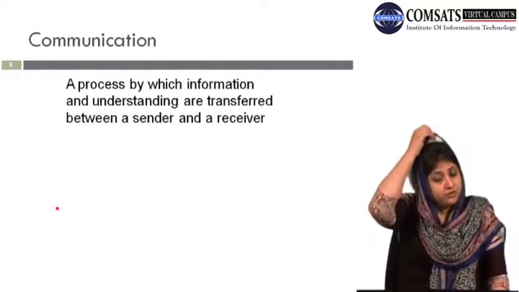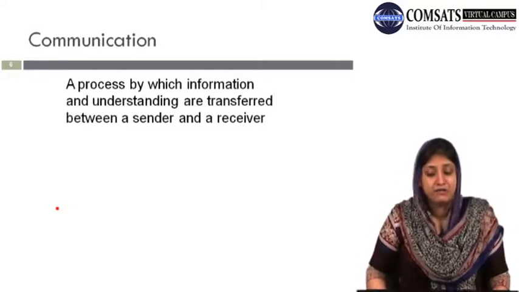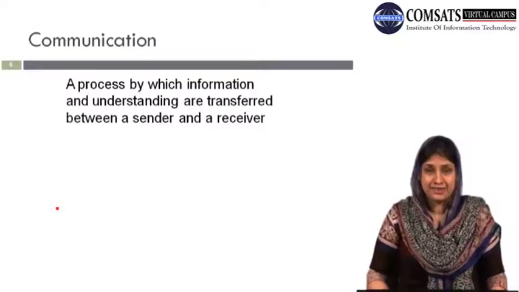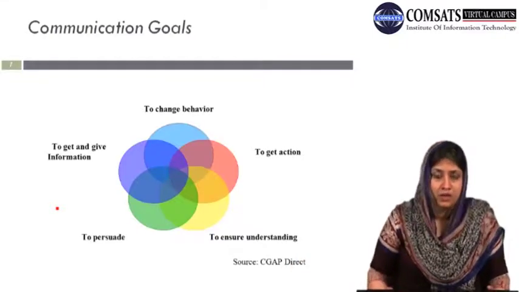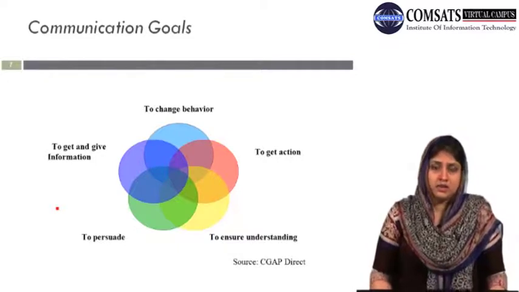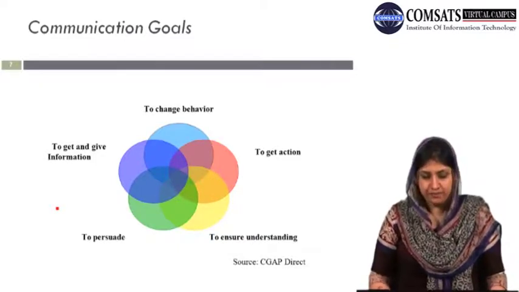A process by which information and understanding are transferred between a sender and receiver is the communication process that we have discussed. Now, we need to discuss what the goals of communication are.